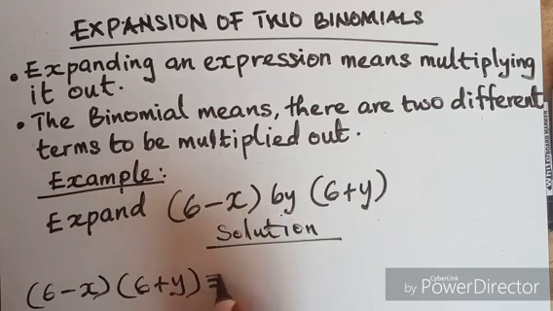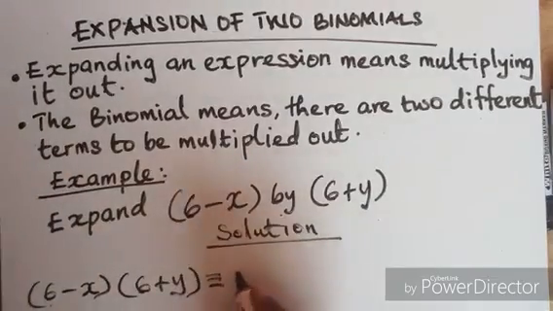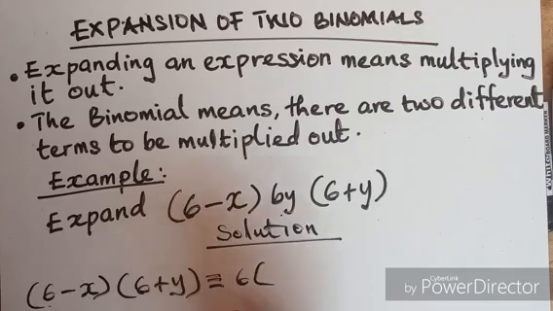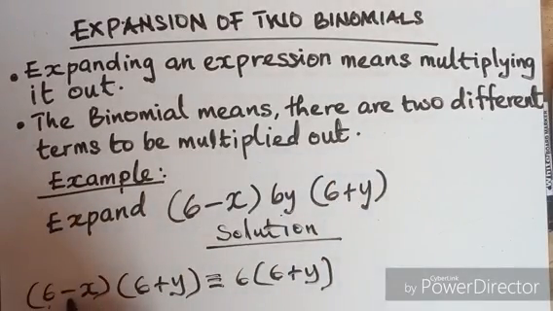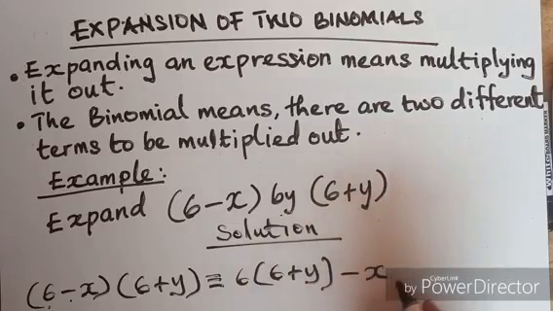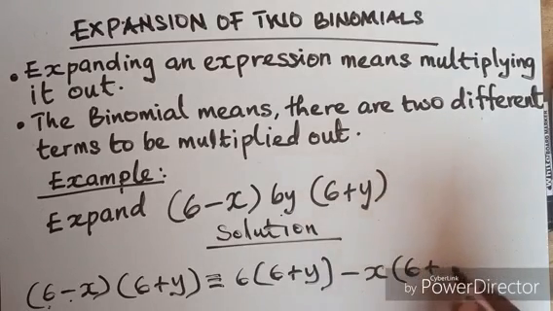I use the equivalency sign, so that you know this whole thing is equivalent to 6, I bring a bracket, this first 6 I've taken is multiplying 6 plus y, and I maintain the operation sign. The negative sign comes out, negative x, also multiplying 6 plus y.